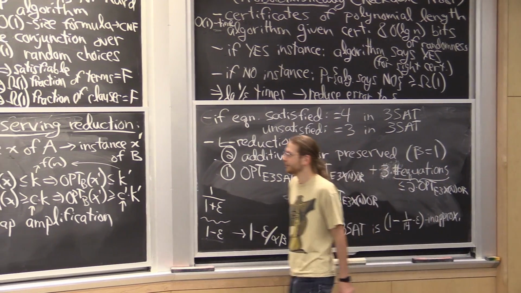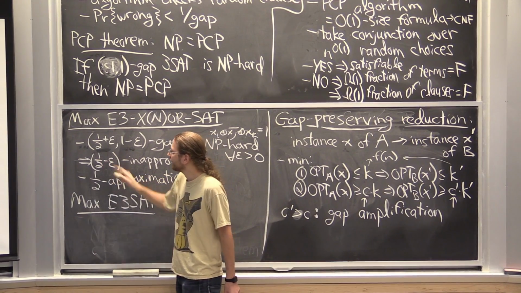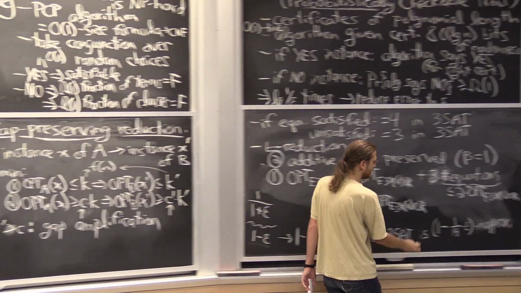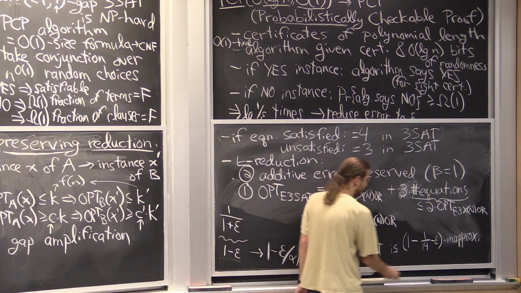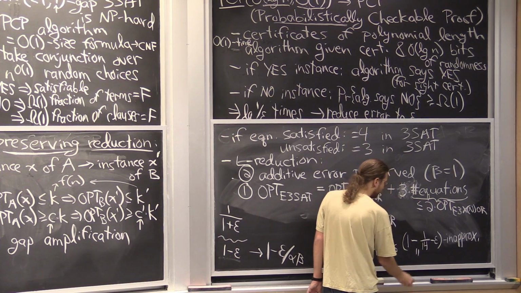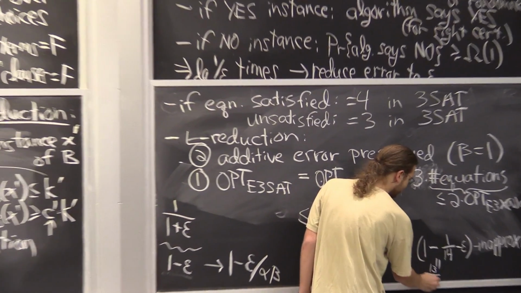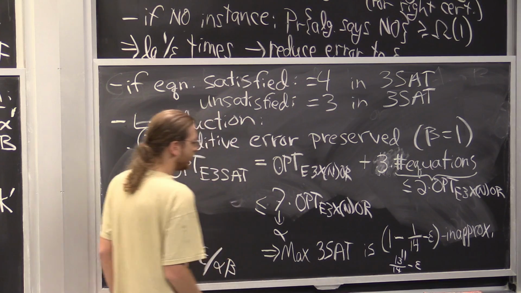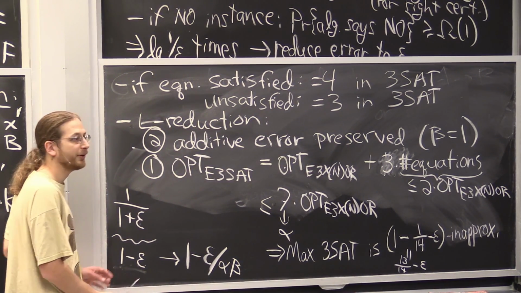This is, again, for any epsilon greater than 0, because we had some epsilon greater than 0 here. Slightly less than 1/2 is impossible. So over here, we get slightly less than 1 minus 1/14 is impossible. This is 13 over 14 minus epsilon.